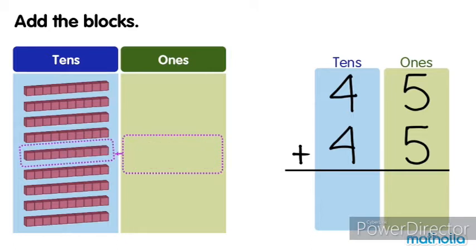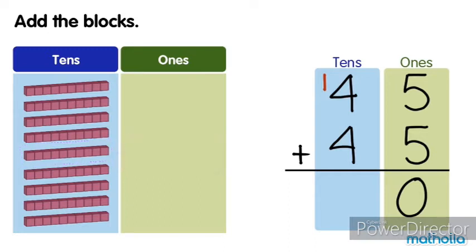There are no ones left, so we write 0 in the ones column and 1 ten in the tens column. Now we add the tens. 1 ten plus 4 tens plus 4 tens equals 9 tens. There are 90 blocks. 45 plus 45 equals 90.